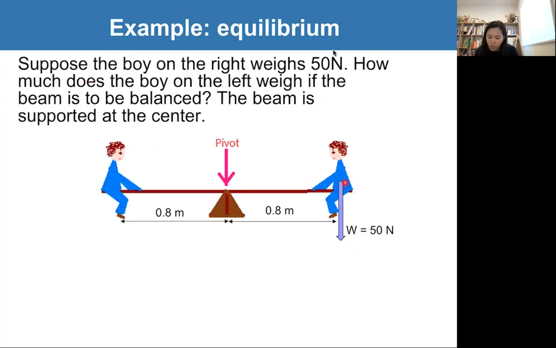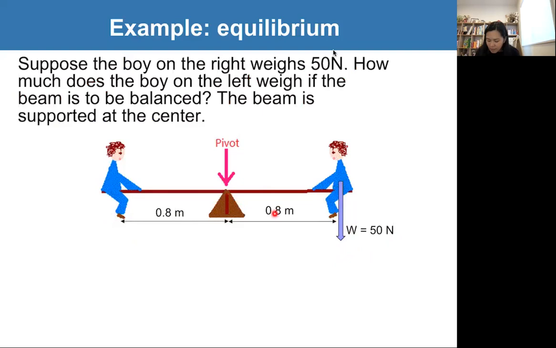I've already drawn this weight force on the boy on the right. The weight force is 50 newtons. How much does the boy on the left weigh if the beam is to be balanced and supported at the center?